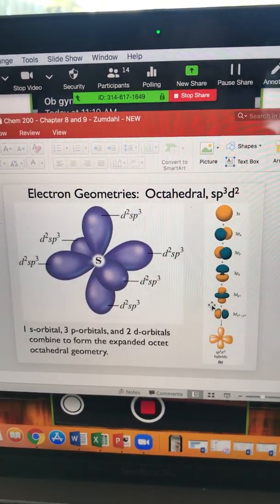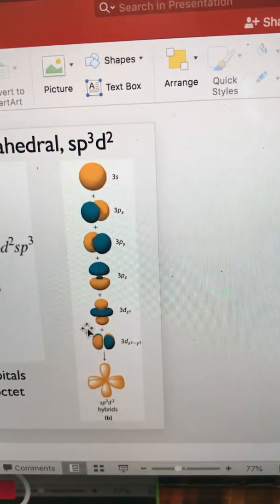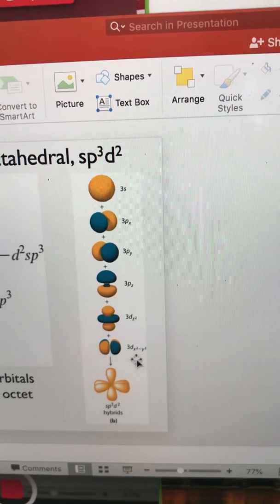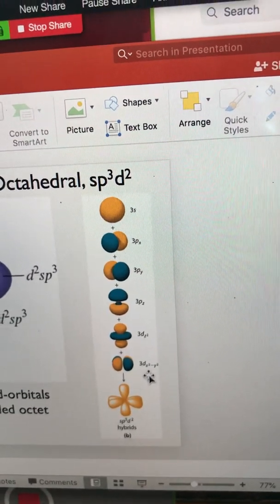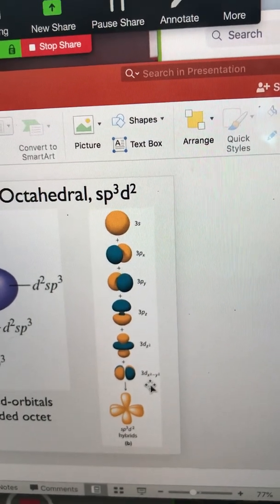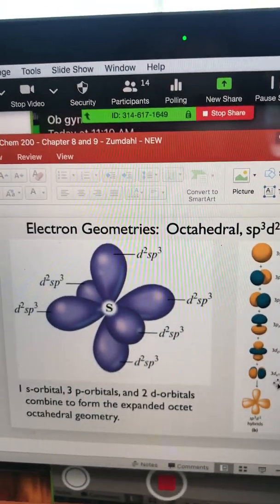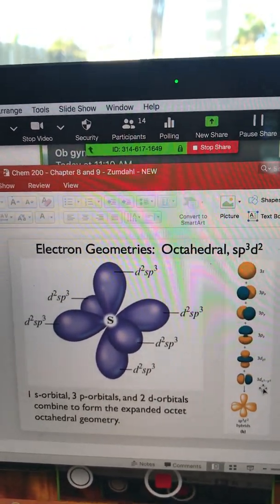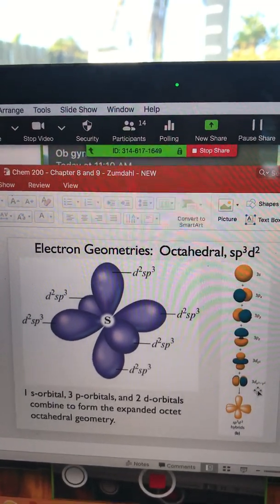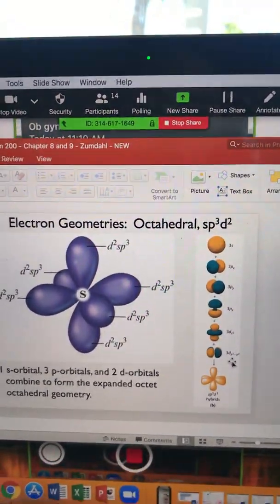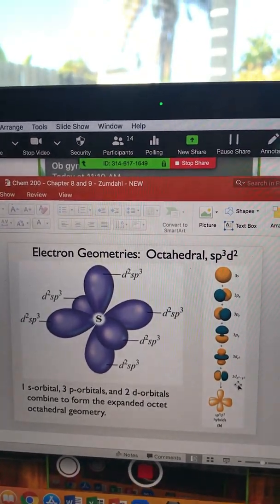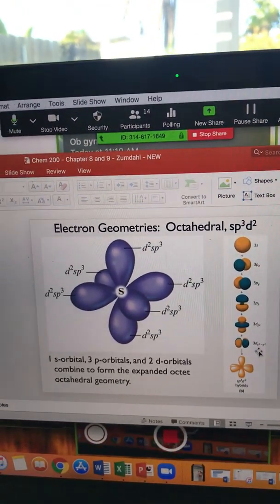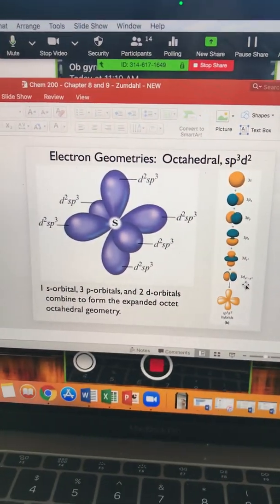And the second one has the dz squared, but it also has the dx squared minus y squared, which also has axial components, which is able to help you get this sp3d squared shape. So the answer to your question of why these particular d orbitals are involved in hybridization is because they have axial components.